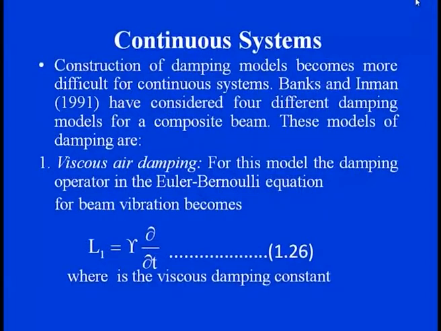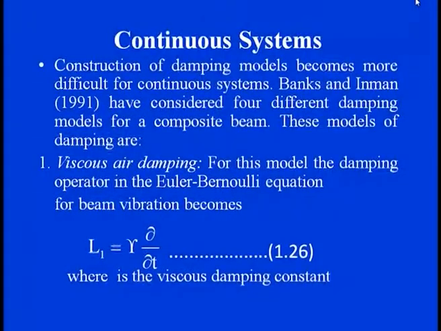So Professor Inman from Virginia Tech along with Banks in 1991 considered four different damping models for a composite beam, which is simply a representation of a continuous system. We are going to discuss those briefly here.